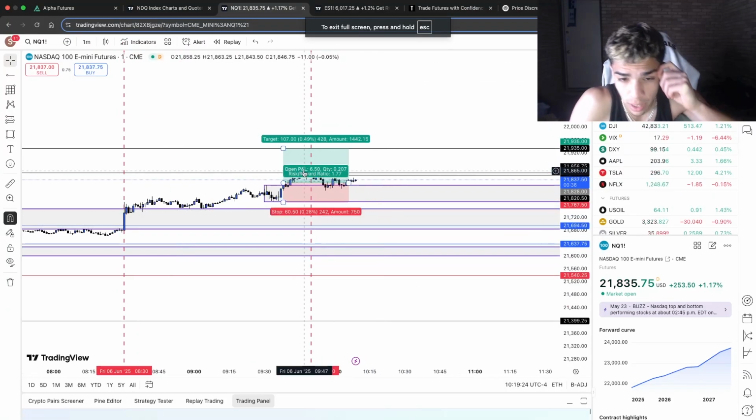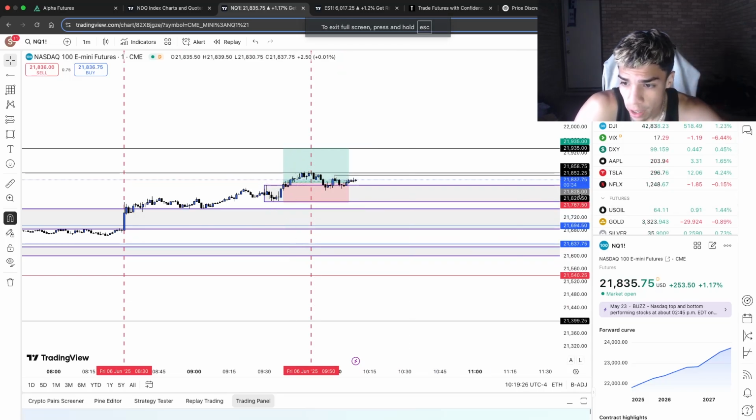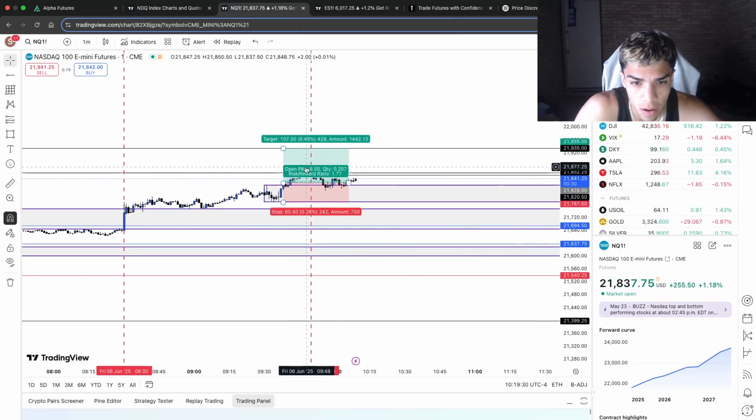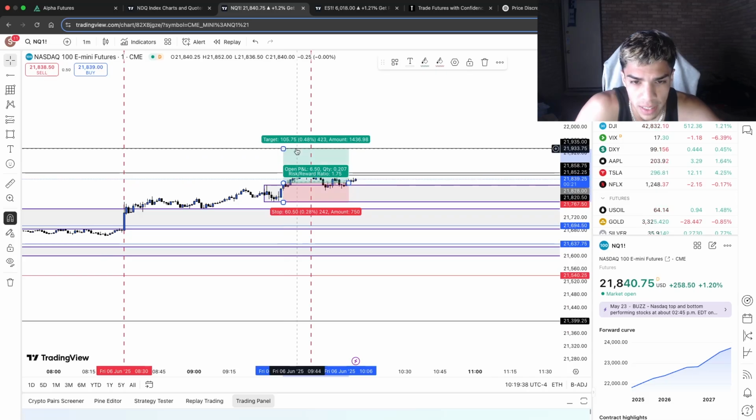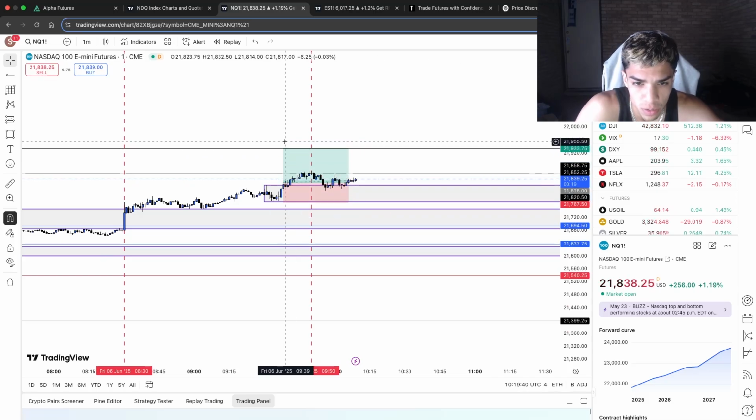But look, this trade that we took, it says right here, 21,828. We can take profit. This is ideal profit, right? $48, or we lose $28.